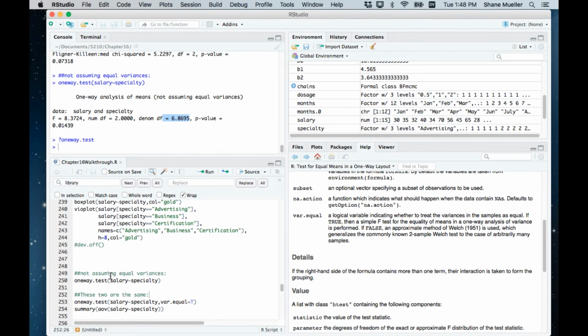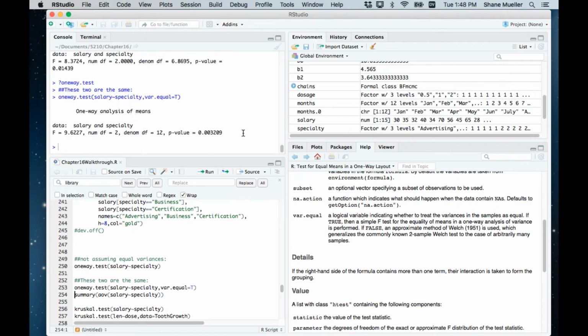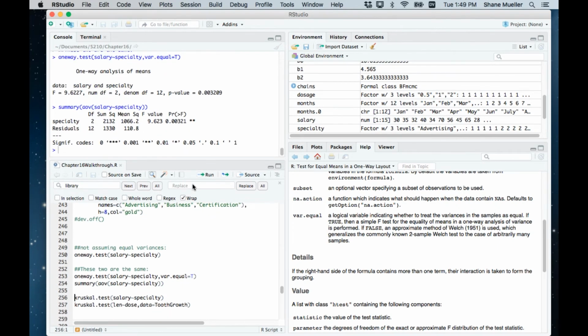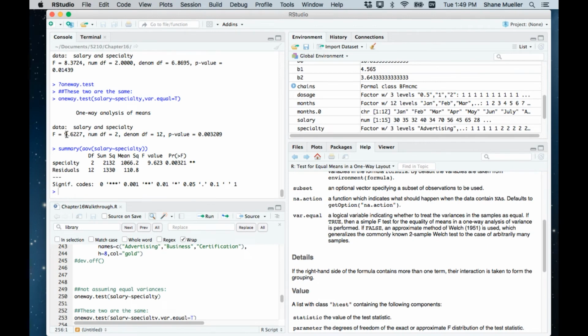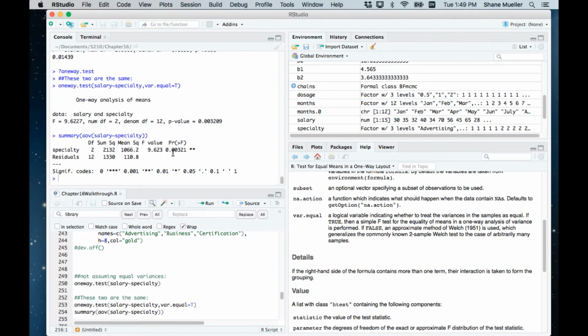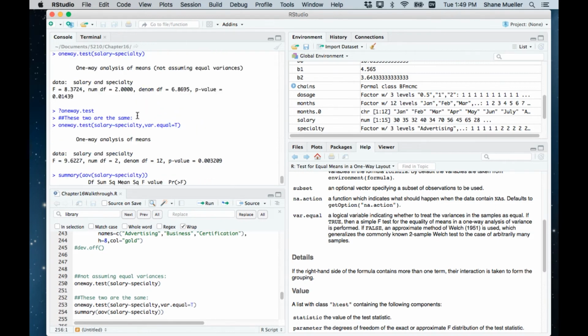So this would be instead of doing an ANOVA, we could do this. If we set var.equal equals TRUE, that's significant as well. It's even more significant, and that gives me the same thing as the ANOVA would. These values, the F-test 9.623, are the same. So the one-way test with equal variances is the same as a standard one-way ANOVA, whereas the one-way test by default is Welch's.